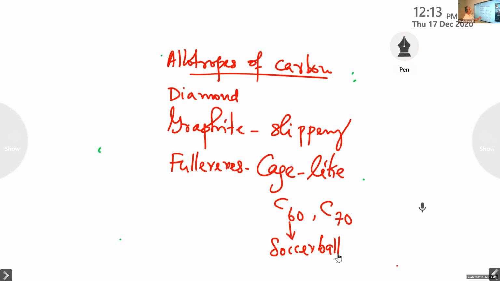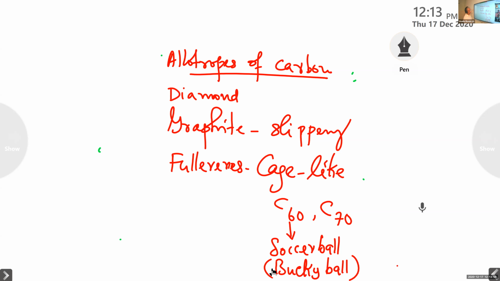Say C60 fullerene, it has got the shape of a soccer ball, and so it is known as buckyball fullerene. And C60, as you have studied in the 10th standard, is known as Buckminster fullerene.